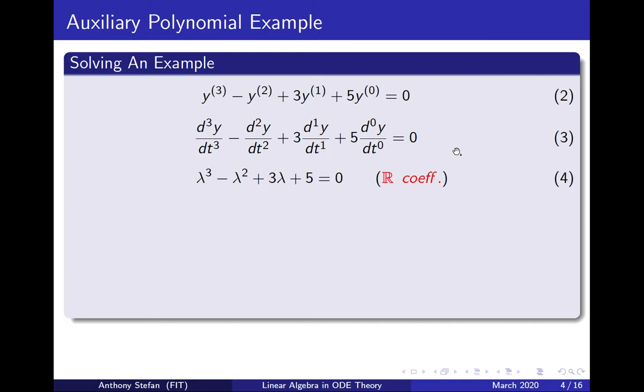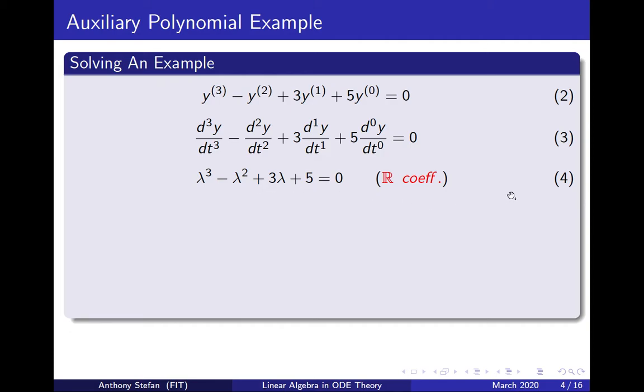Here is the auxiliary polynomial, equation 4. When we look at this auxiliary polynomial, we can see that its coefficients are real: we have 1, -1, 3, and 5.